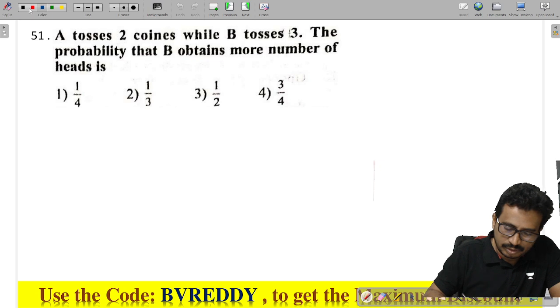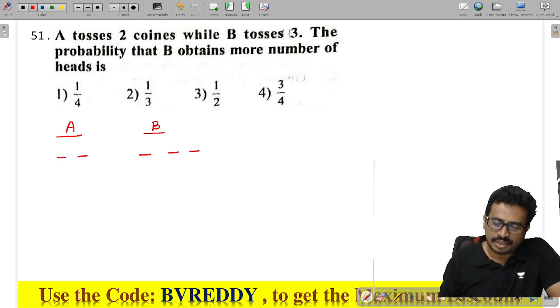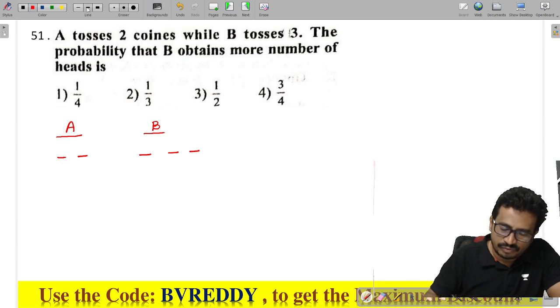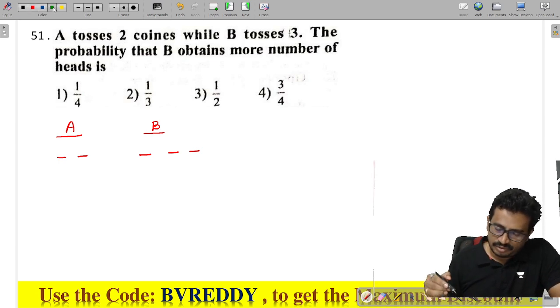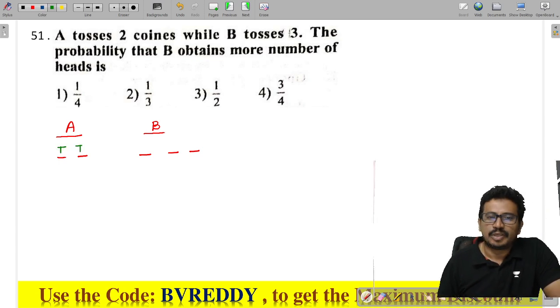Okay. So in this, what do you tell me? A has 2 coins, B has 3 coins, right? Now B should get more number of heads compared to A. So first case, let us say A tosses the 2 coins and gets both tails.